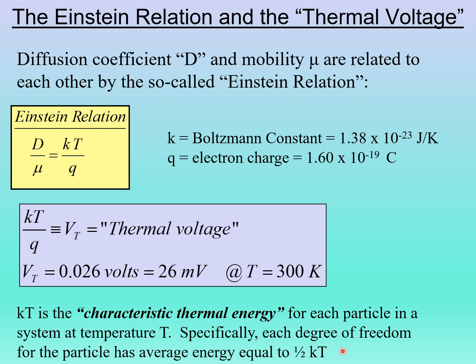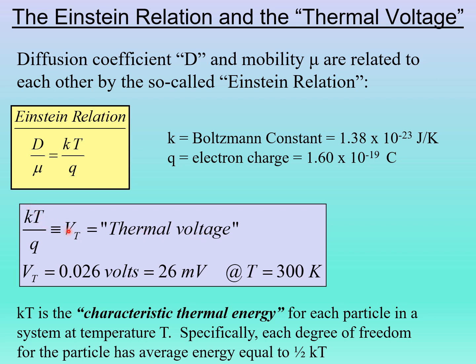So if we have an electron that can move around in 3 dimensions, its average energy is going to be 3 times 1/2 kT, or 3/2 kT. So the idea here is that kT gives us the approximate thermal energy of an electron or a hole at a given temperature. So that's why this term here, kT over q, which has the units of volts, is called the thermal voltage. It depends on the temperature T.